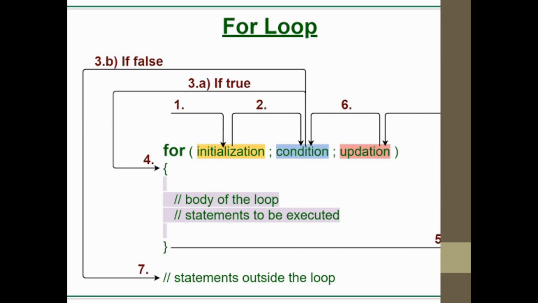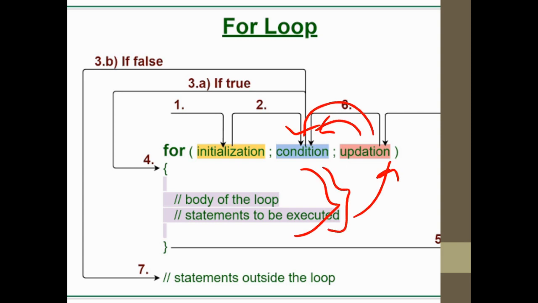After the updation, it will again go to the condition part and check whether the new value of the variable satisfies the condition or not. If it does, it will again execute all the statements inside the for loop, then go for updation again, check the condition, and execute these things. When this condition becomes false, it will go outside the for loop.